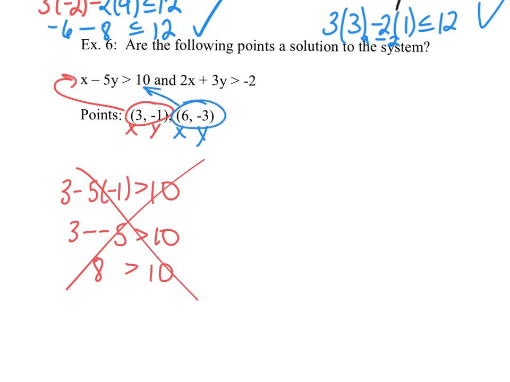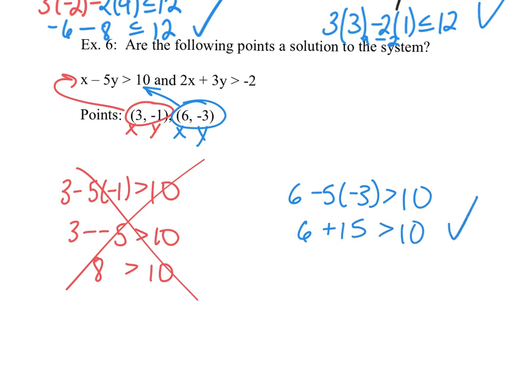Plug it in. 6 minus 5 times -3 is greater than 10. So 6 plus 15, is that greater than 10? Yeah. Yep. Now we'll plug it into the second one. 2 times 6 plus 3 times -3 is greater than -2.